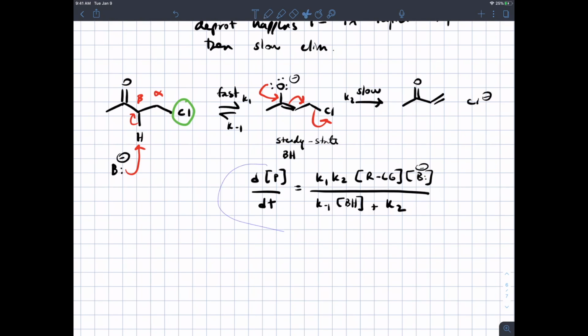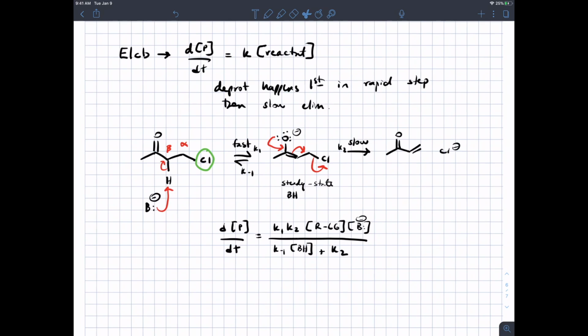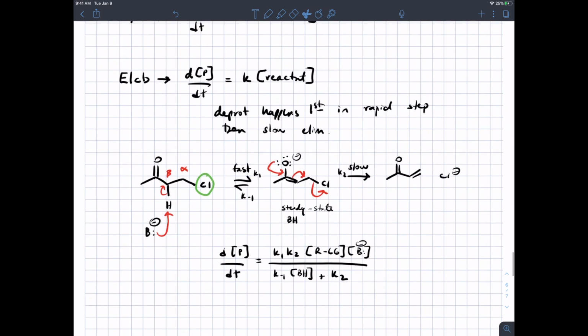So the kinetics for the E1CB reaction, what you observe sort of depends on the relative rates of these various steps.